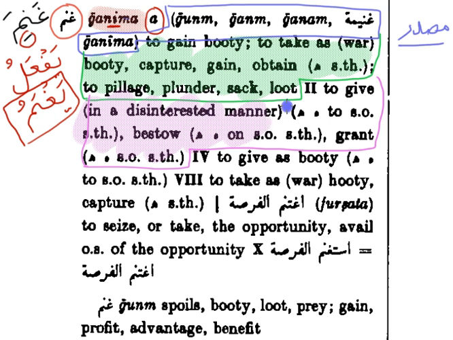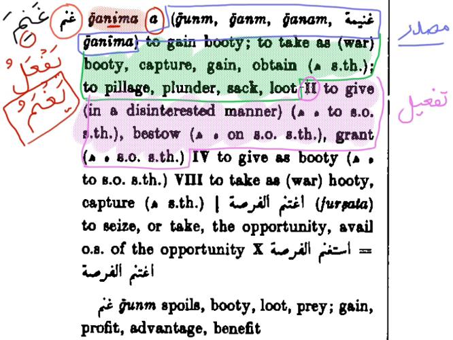Now this is the other chapter, which is from the bab of taf'il. How do I know it's taf'il? The reason I know it's taf'il is because of this 2, the Roman numeral 2 signifies that it's from taf'il.